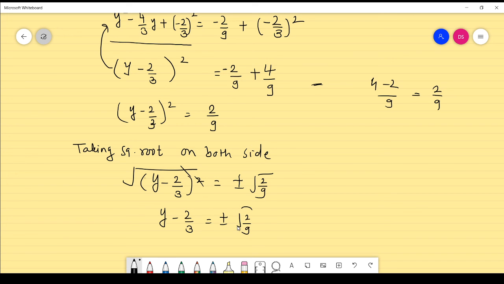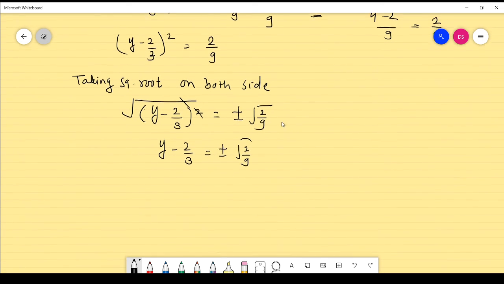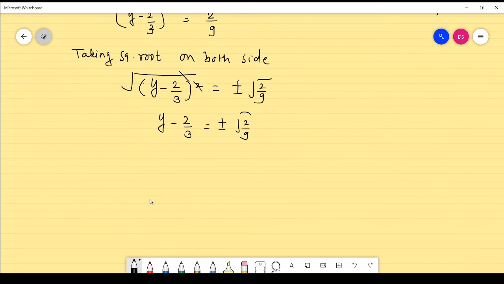Now we are very close to our solution. We want only y on the left hand side, so I'm going to add 2 by 3. Again I'm telling you, if it were plus 2 by 3 instead of minus 2 by 3, then you would need to add minus 2 by 3.